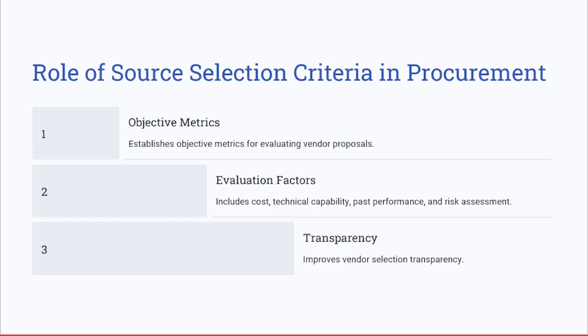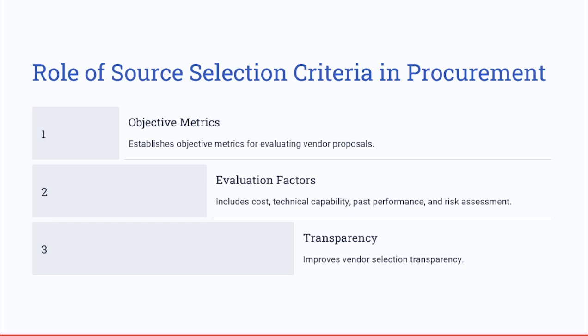The role of source selection criteria in procurement, or let's say the role of having selection criteria when choosing a vendor. We can consider the source selection criteria as predefined standards used to evaluate the vendor proposals objectively. These criteria ensure that the procurement decisions are made based on measurable factors rather than just subjective preferences.